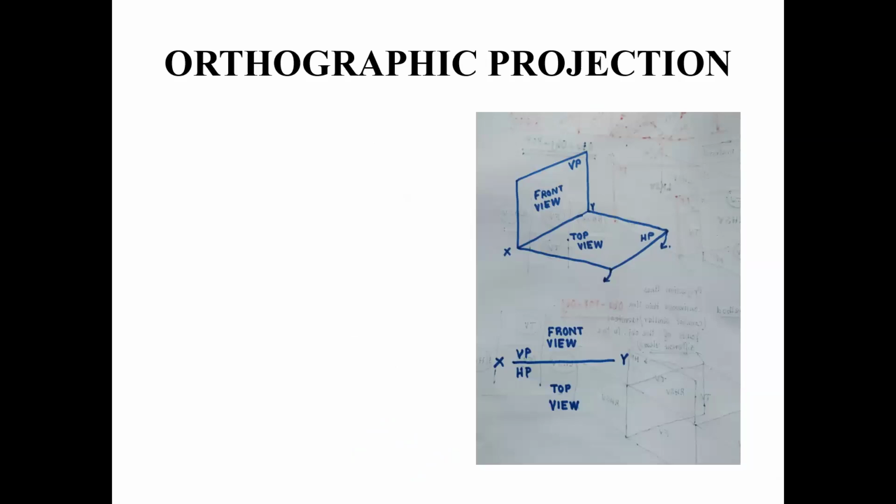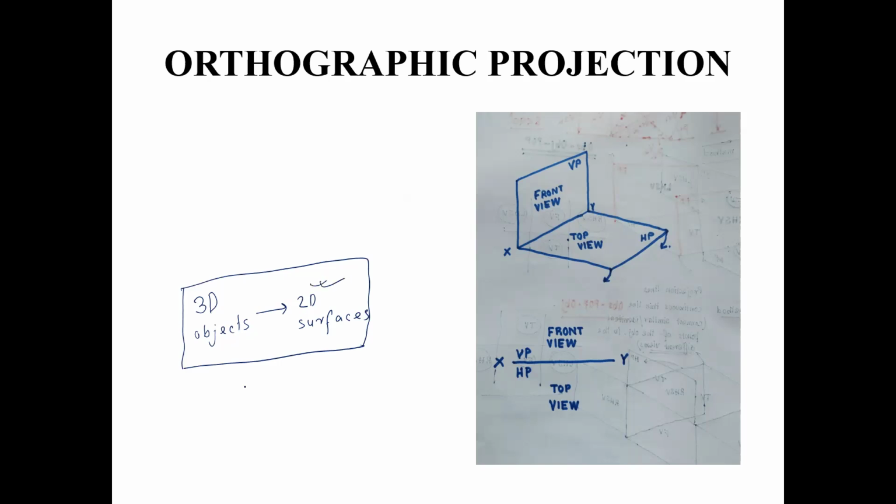Now, in this slide, we are going to understand a very, very important thing. When we started off our discussion on orthographic projection, we mentioned categorically that this method was introduced to solve the problem of representing all the details about the shape and size of three-dimensional objects on two-dimensional surfaces.